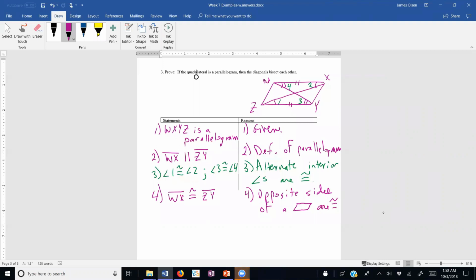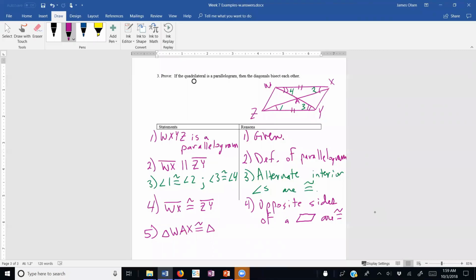Now we have the congruent triangles. Let's write them down in corresponding order. I am going to need to label the point of intersection. I think maybe I'll label it point A. Now, if I do WAX, the angle that corresponds to angle W would be Y, A corresponds to A, and X corresponds to Z. And my reason here for statement 5 is angle side angle.